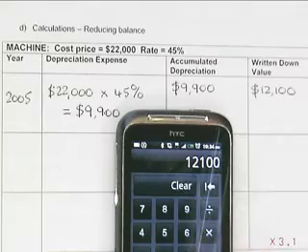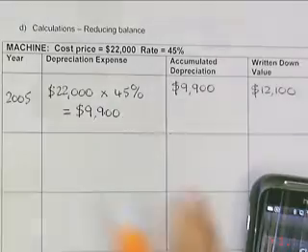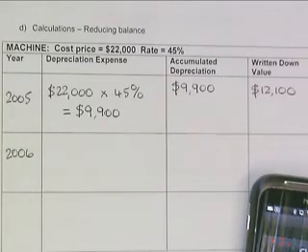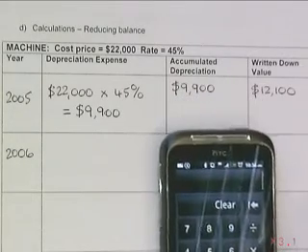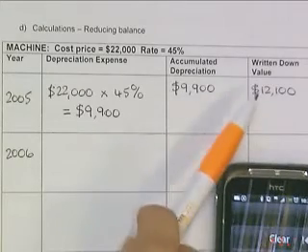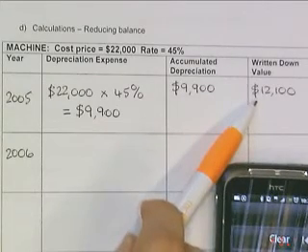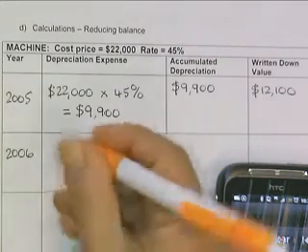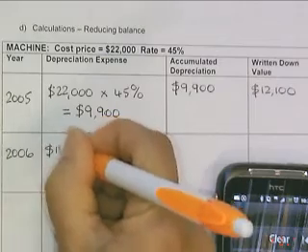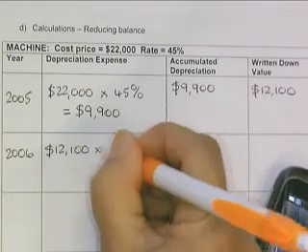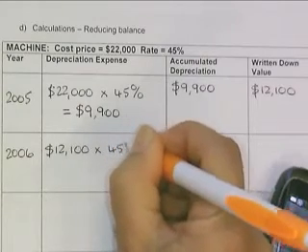Okay, in the second year, which is 2006, the actual formula for calculating depreciation expense is going to be written down value multiplied by the rate. So written down value we know is $12,100 so far, multiplied by the rate of 45%.